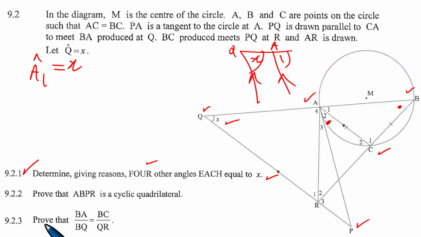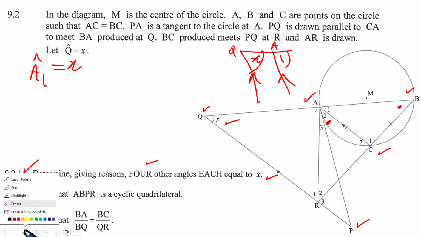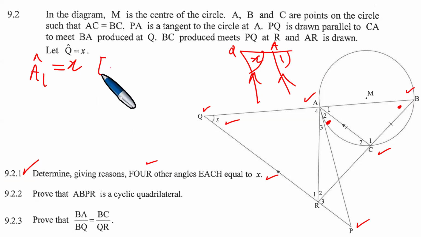Right, so we continue. Why is angle A1 equal to X? Because they are corresponding angles. Why are they corresponding angles?